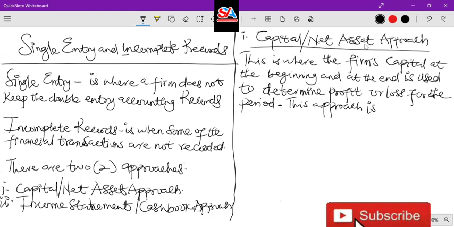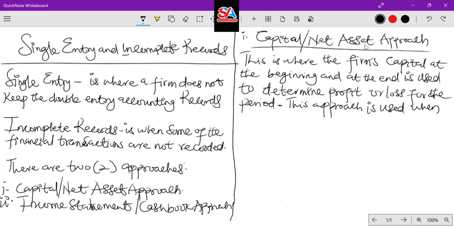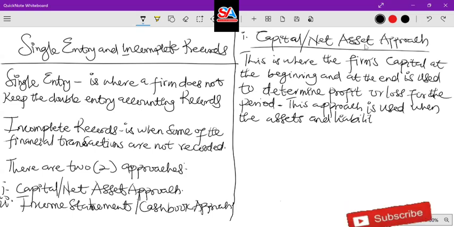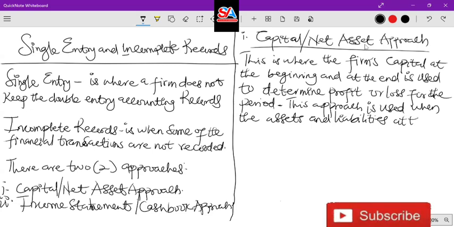This approach is used when the assets and liabilities at the beginning and the end are given.